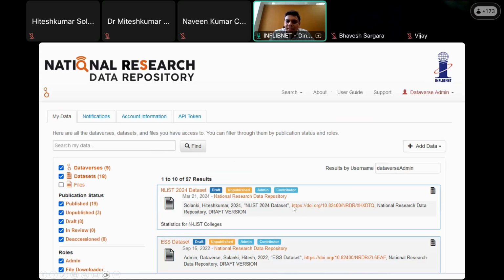Along with that, there is a DOI assigned, like the prefix my previous colleague explained, the doi.org prefix. And here we have provided a prefix like nrdr/xhttp. So this is how the DOIs are also assigned in the National Research Data Repository.